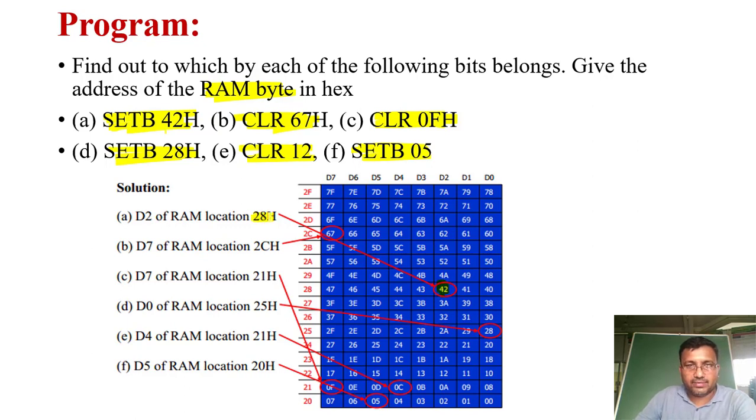For 28H, the RAM location is 25H. For 67, the RAM location is 2CH. 0FH is located at RAM location 21H. 12 is located at RAM location 22H, and 05 is located at RAM location 20H.